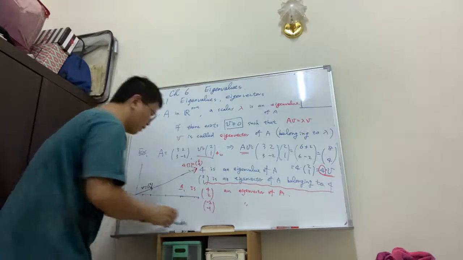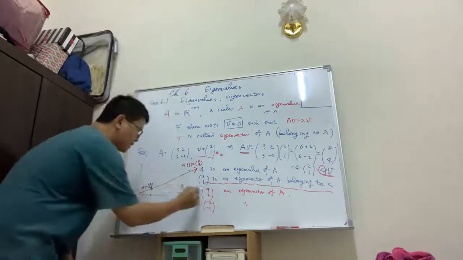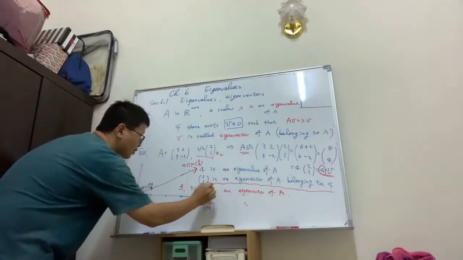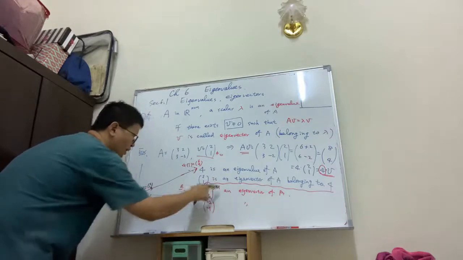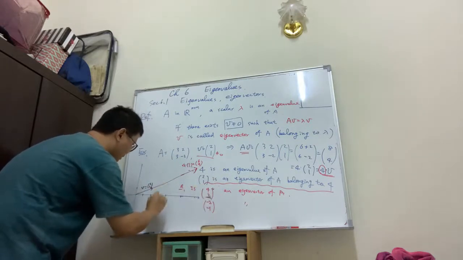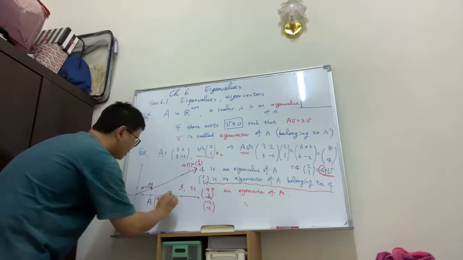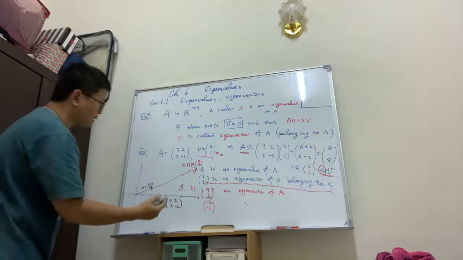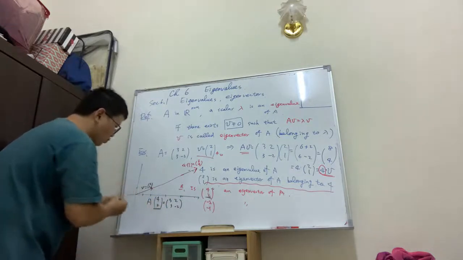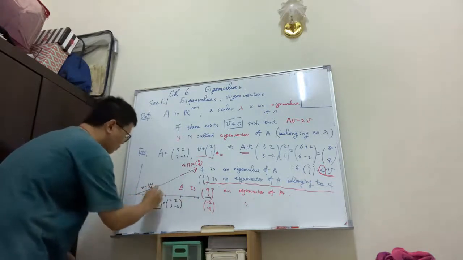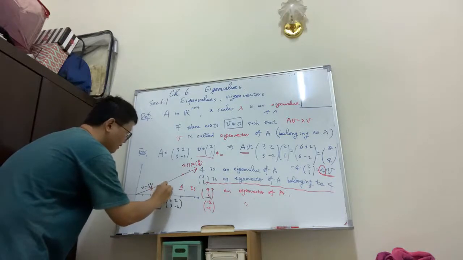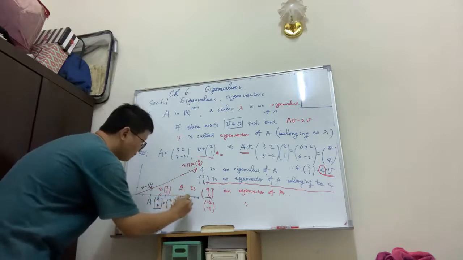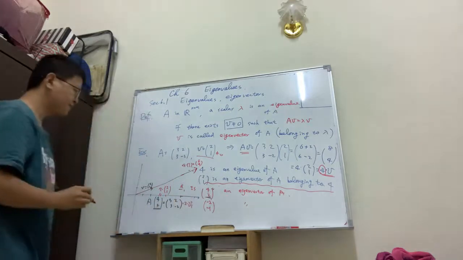Why? The reason is that when you consider this vector, what's the product of the matrix and the vector? The matrix is (3, 2; 3, -2). Of course, you could consider the multiplication directly, but what's the vector (4, 2)? It's exactly 2 times (2, 1), so it's 2 times the vector v1.